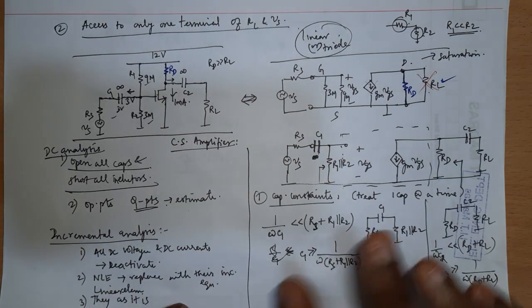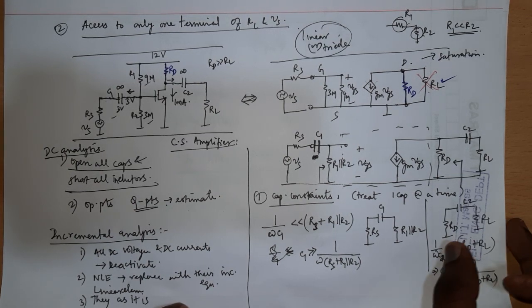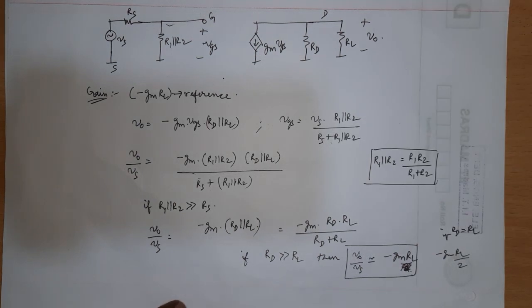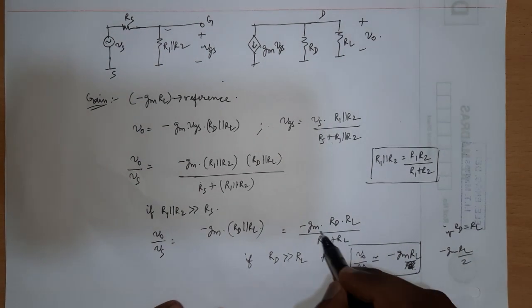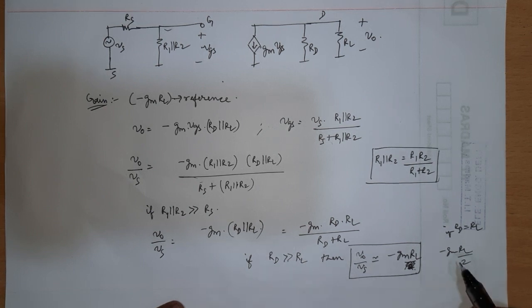So you have to carefully choose RD and RL in such a way that you are trading off to achieve the maximum gain that you can achieve. So this is about the amplifier. You can have a gain of minus gm RD parallel RL, and the gain would be minus gmRL by 2 if RD equals RL.